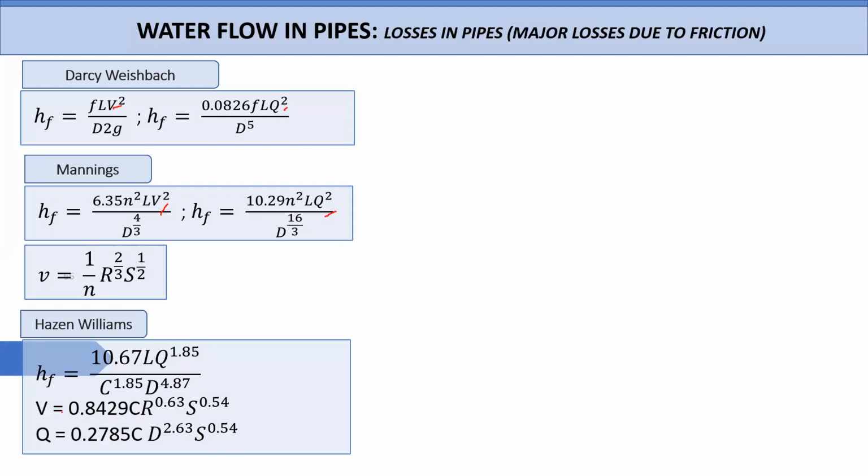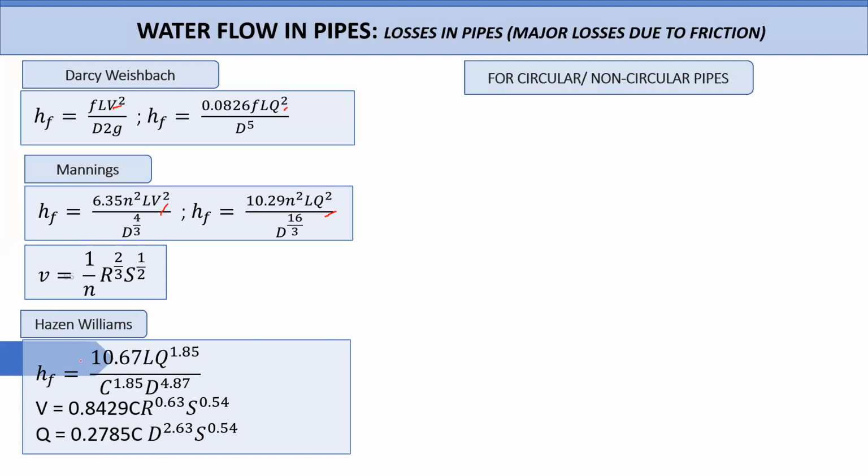Our velocity is obtained with 0.8429 C times R to the power of 0.63 times S to the power of 0.54. And the discharge formula is 0.2785 C times D to the power of 2.63 times S to the power of 0.54.